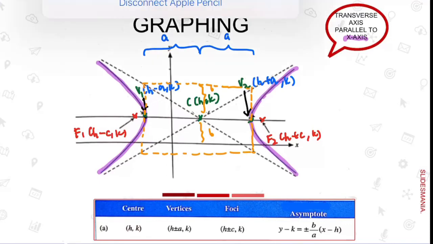And then now you can connect this edge and also this edge here. Make sure this is going through the center. So expand it, going outside. That is the line of asymptote with positive slope. Let's see another asymptote. Connect these 2 points here.